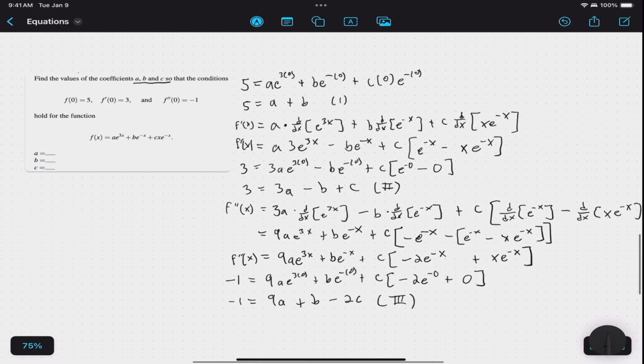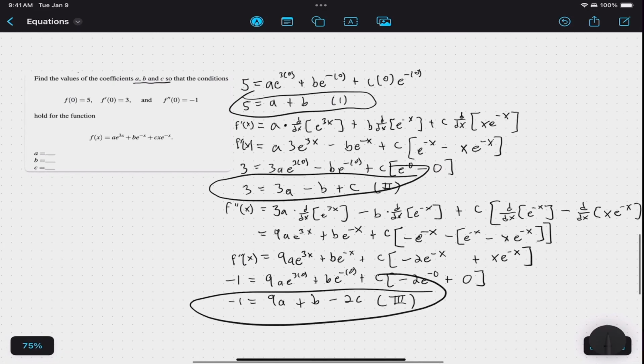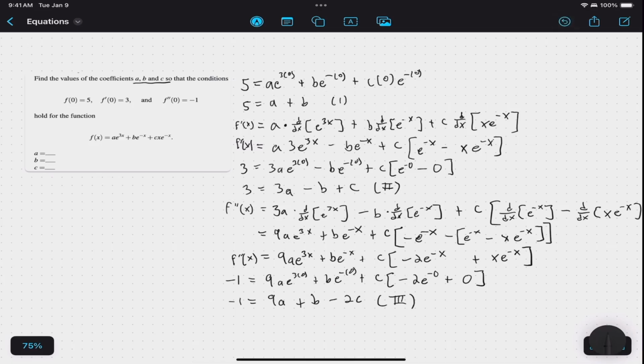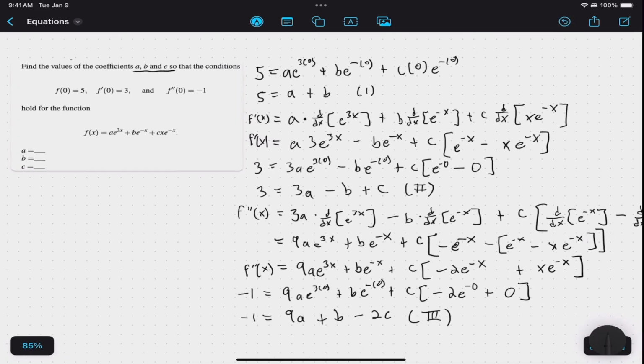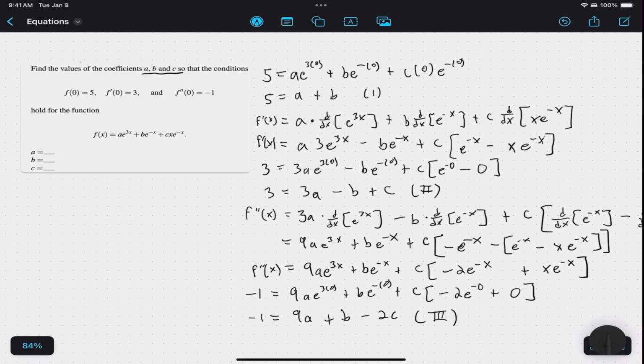So now that we have these three equations, here's the first one, the second one, and the third one, we can put them in a matrix and row reduce it to find the values of a, b, and c. So for the first equation, we have 1a, 1b, 0c, and this gives us back 5.